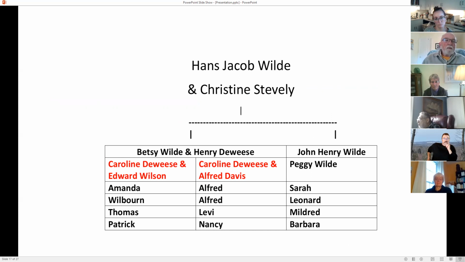Betsy's child was Caroline DeWeese, remember, with the woman with the two husbands, and I have shown both of them here, going downward toward Patrick in the first column and toward Nancy in the second column. Patrick and Nancy are half third cousins.